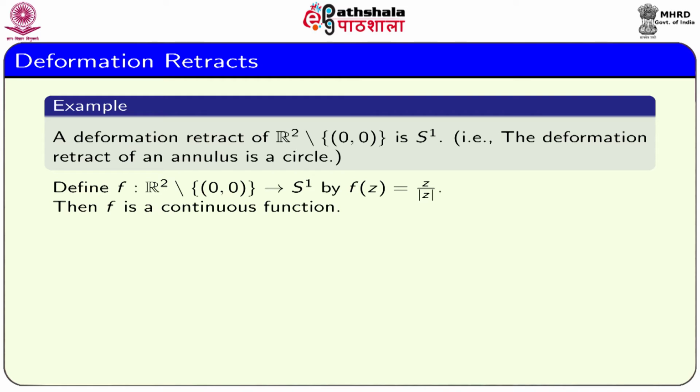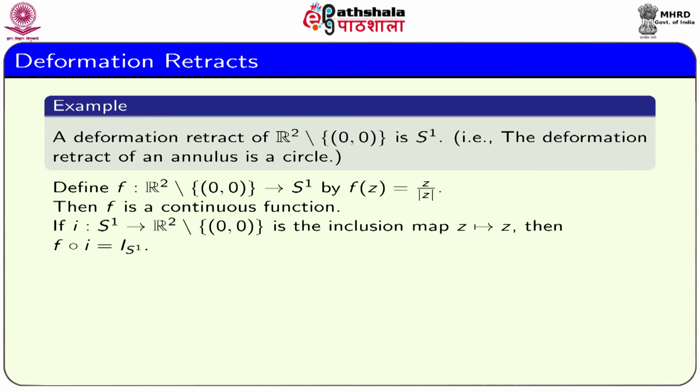Then this function F is of course a continuous function, and if I take the inclusion map i from S1 to R2 minus 0, then this i is an inclusion map such that F composed i is equal to identity on S1.